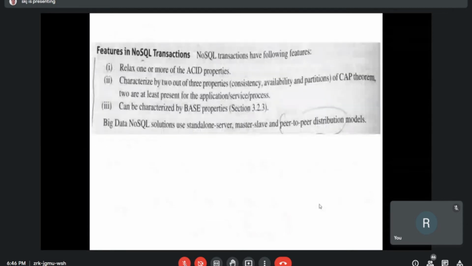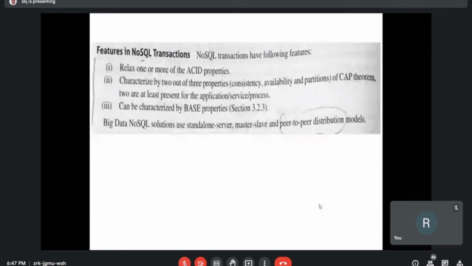Features of NoSQL transactions. Transactions, you are aware, in relational databases must satisfy the ACID properties. But NoSQL transactions have the following feature: the ACID properties that we were supposed to satisfy in the relational database, here we have to relax.